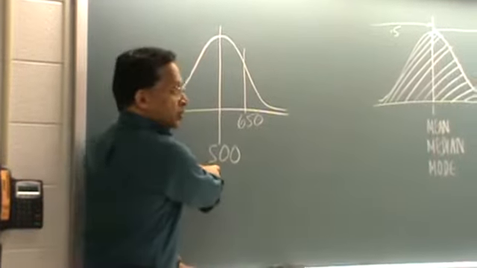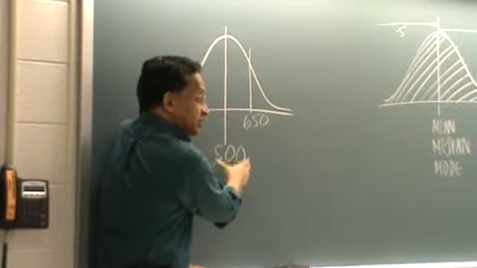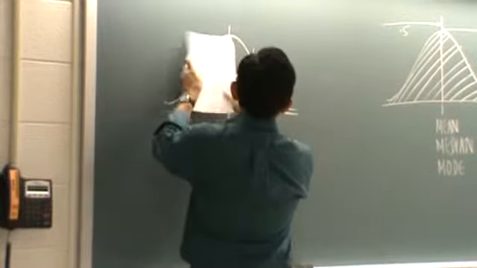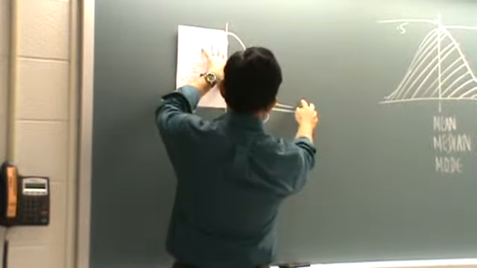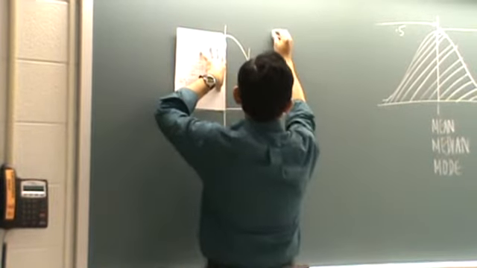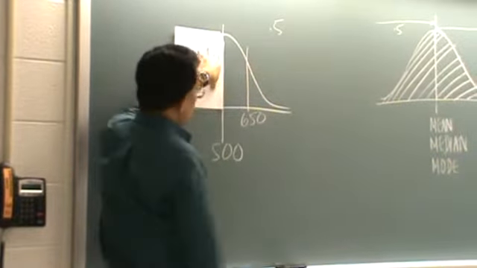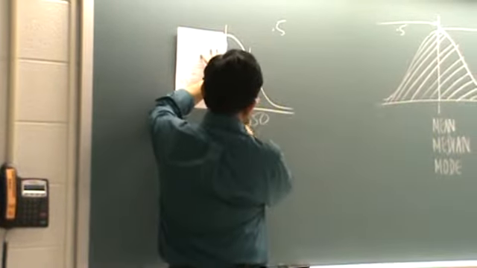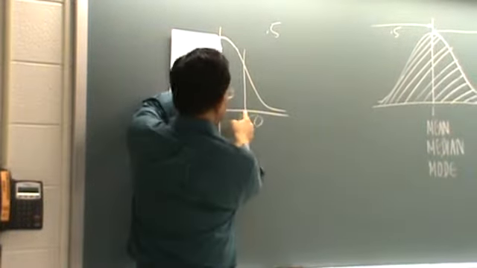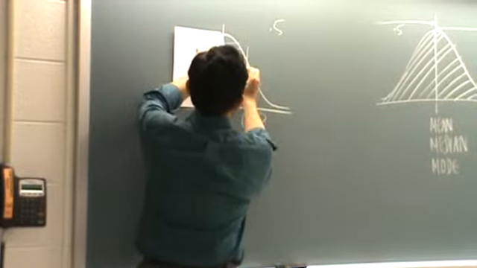Right here in the middle, we don't need to calculate that because we know this is the middle. If we are going to the right-hand side of this curve, the whole right-hand side is 0.5. Now, if they're asking what is the probability that it will take between 500 and 650, you need to look at this area.